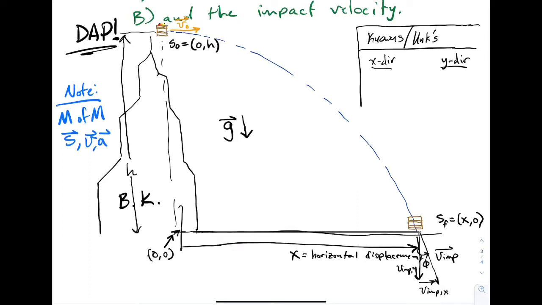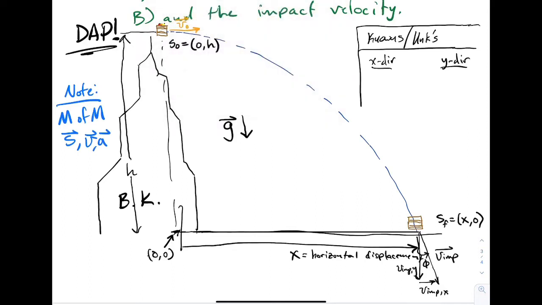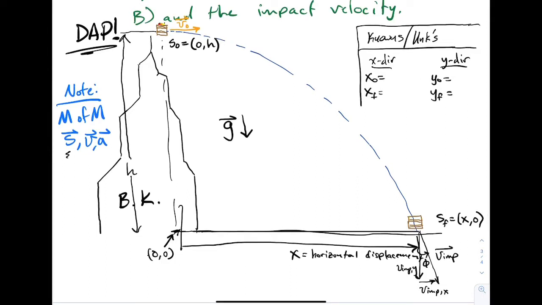And so for all of these x and y directions, we could have an x sub o, a y sub o. We could have our x final position and our y final position. That takes care of our displacements. Now our velocities, we could have a v sub o x and a v impact x.